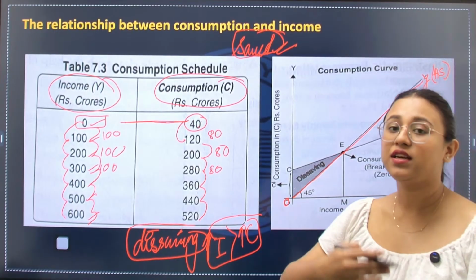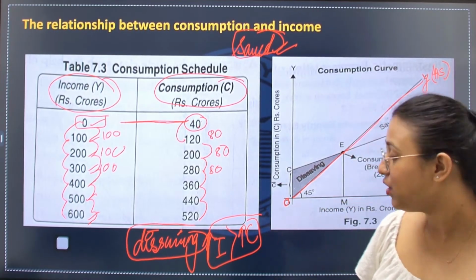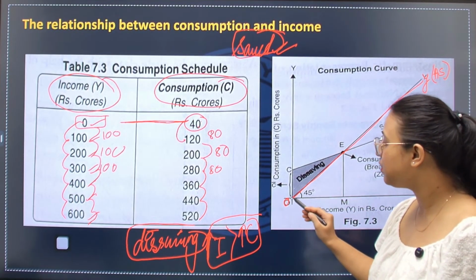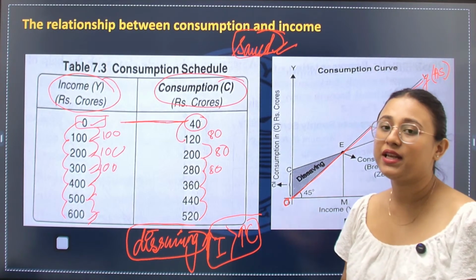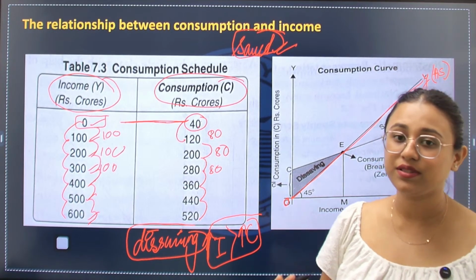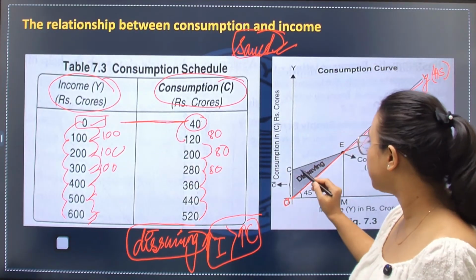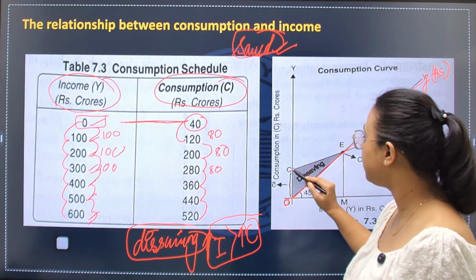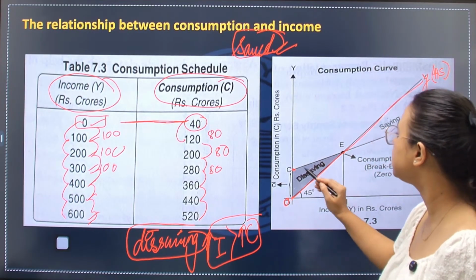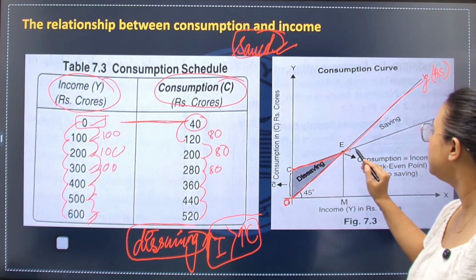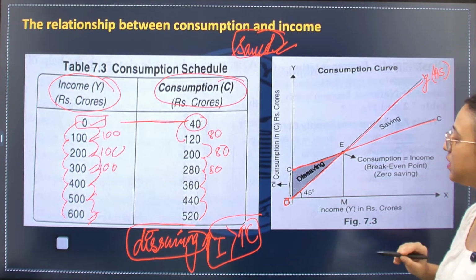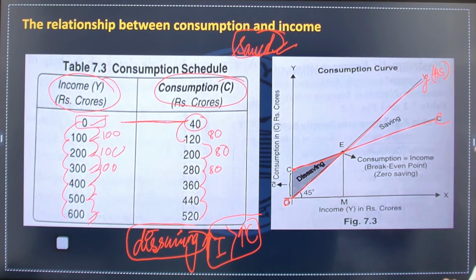The consumption curve on the other hand will never start from zero, because income can be zero, but at zero income also there will be a certain amount of consumption. In our case it starts at 40. So the consumption curve will start from C. So this is consumption.